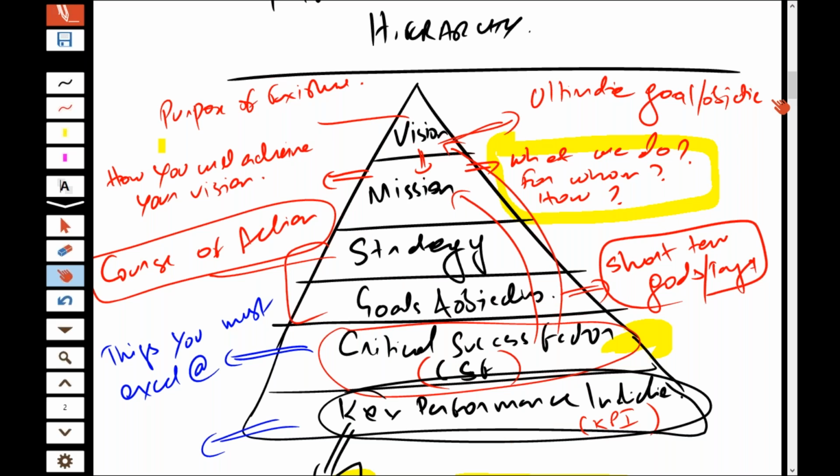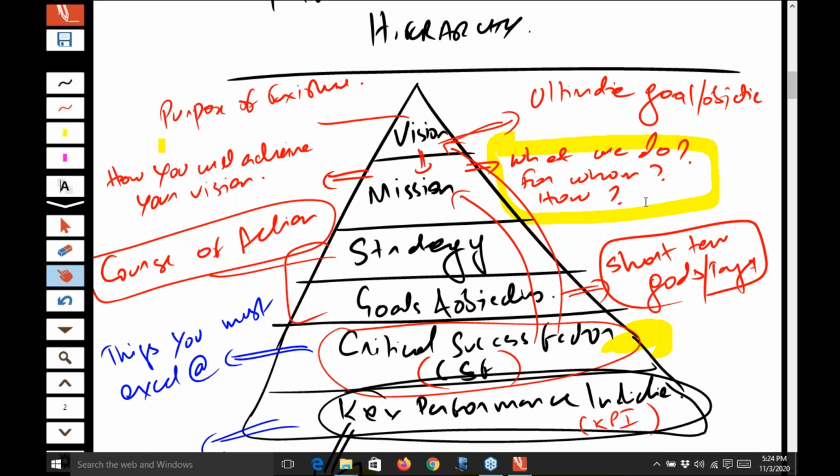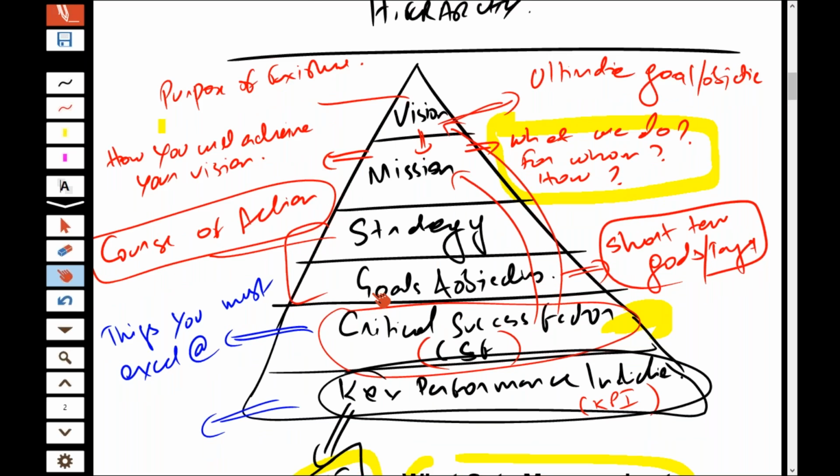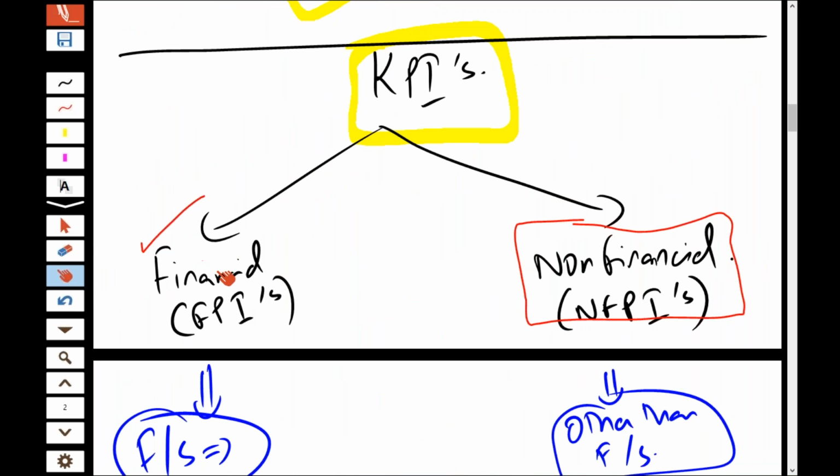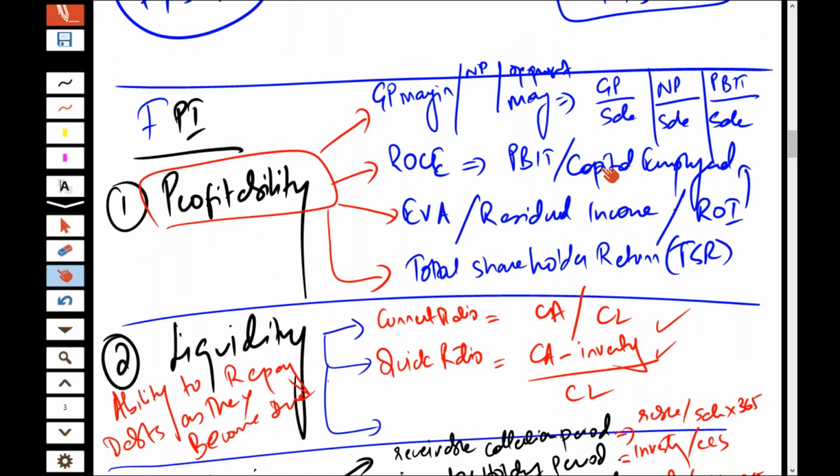With respect to the KPIs, you've established that you can measure the performance using both financial and non-financial performance indicators. And we have gone through the financial performance indicators, and we have also gone through the non-financial performance indicators.